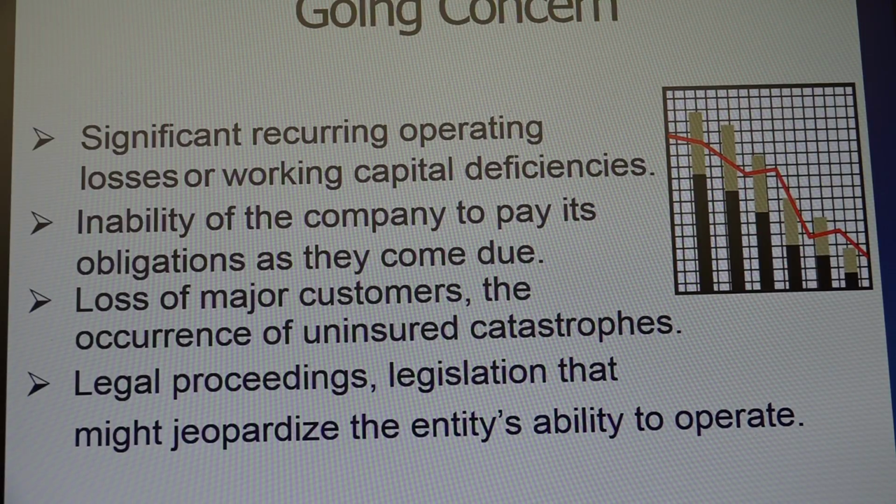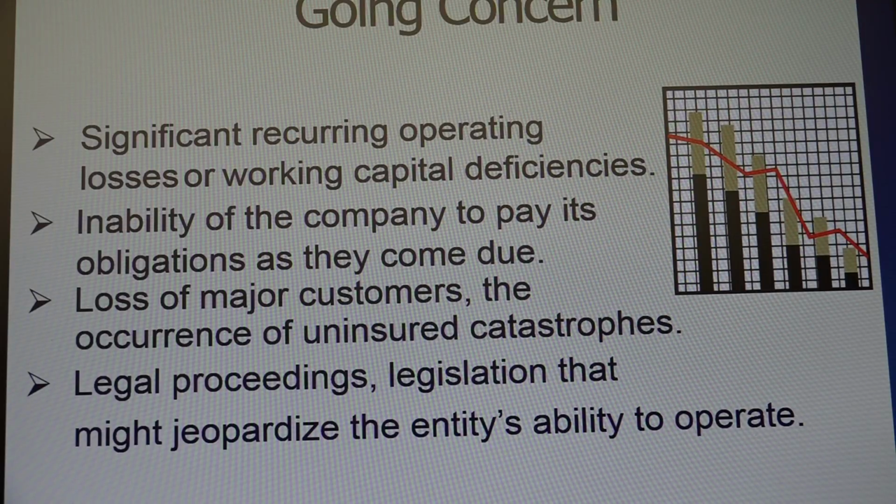And again, some of these could be more than just one. In other words, there may be the existence of more than one of these going on within the company. And so you might have a company that not only has working capital deficiencies, but also has the next one, the inability of the company to pay its obligations as they come due.